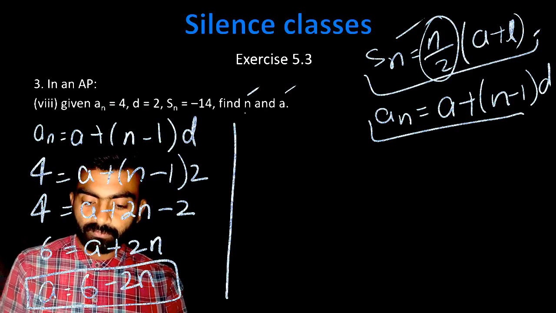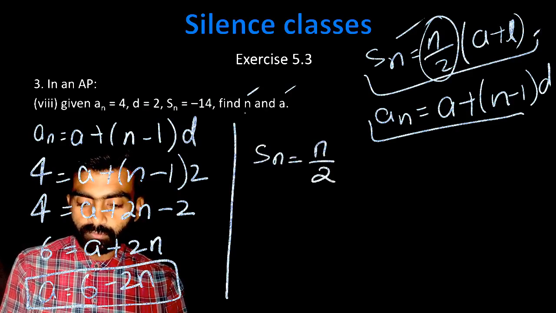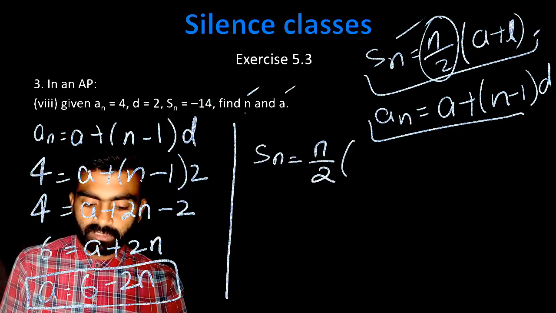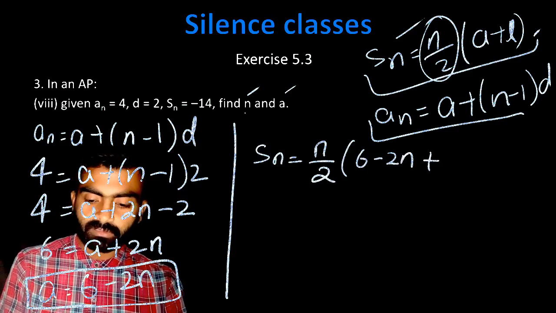Now let's put it. S_n is equal to n upon 2 times a. Instead of a we can write 6 minus 2n, plus l, the last term, that is 4.